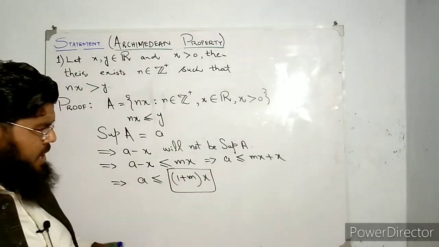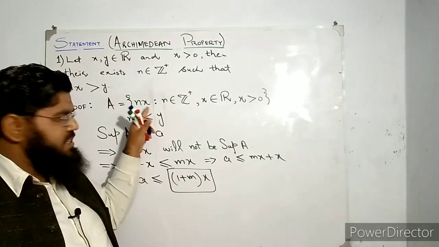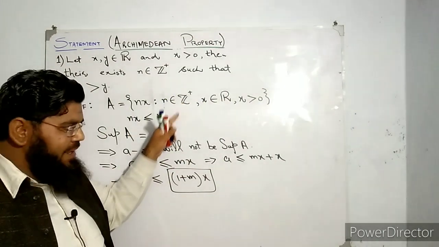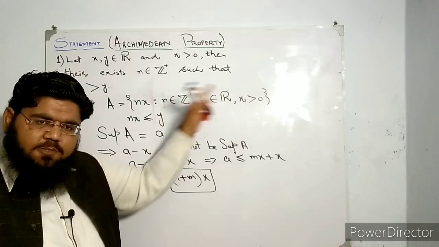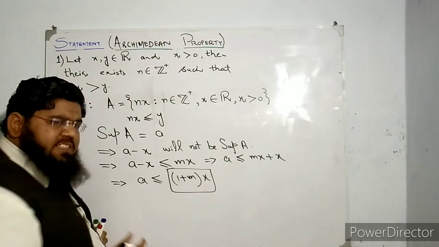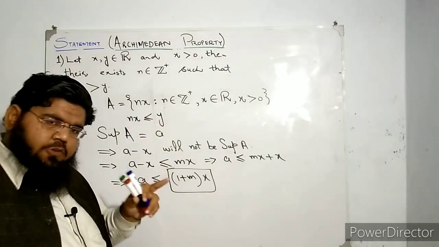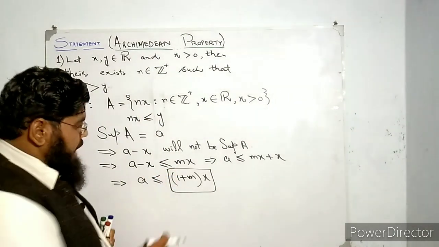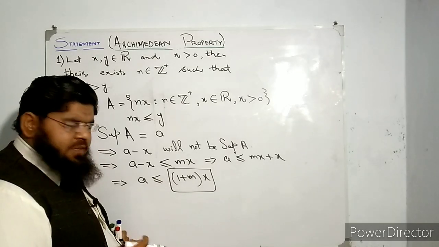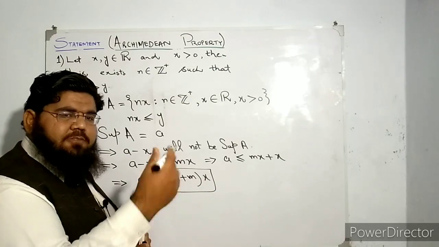Why am I saying this? Because you have already told us that this mx is from this set. Why is it from this set? Because m was a positive integer, x was a real number which was positive. Okay, so now let's focus on this entry, whether this is from this set A or not. Okay, so m is a positive integer, 1 is also a positive integer, and when two positive integers are added, you will get again a positive integer.